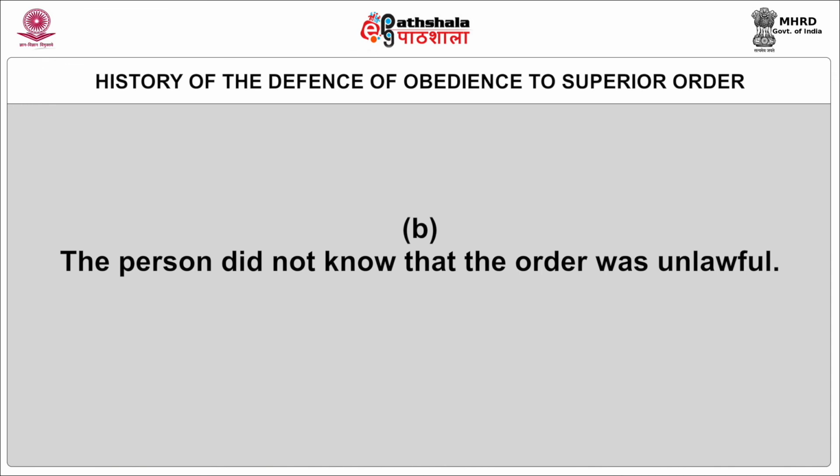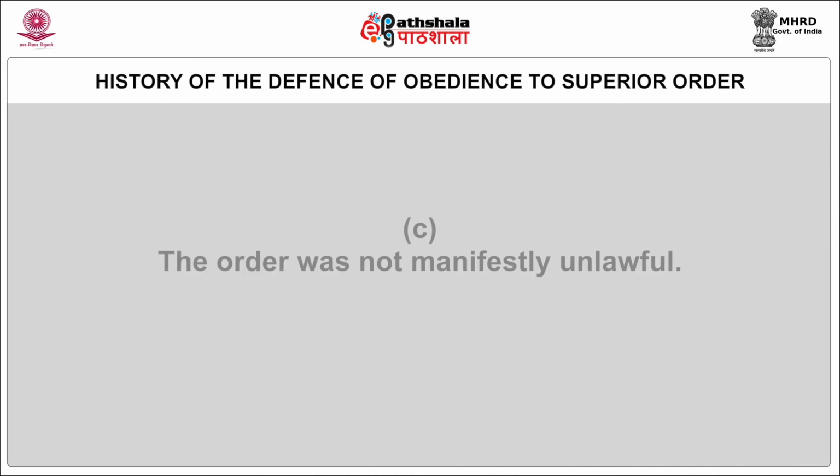And secondly, the person did not know at the time of committing the act under the order that the order itself was unlawful, and thirdly, that the order was not manifestly unlawful. If these three conditions are met, one might be able to establish the defense of superior obedience.